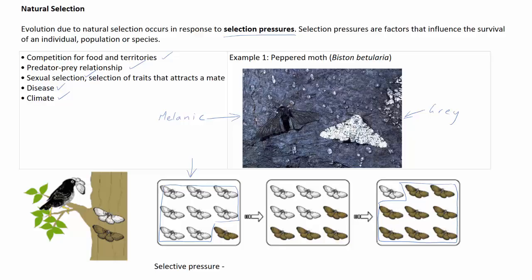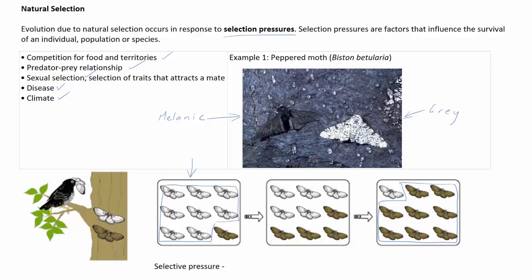The Industrial Revolution, starting in the 1850s, produced a lot of soot and pollution, mainly from the burning of coal. And some of this soot and pollution settled onto the tree trunks on which the peppered moths lived. This then changed the background colour on which they existed.